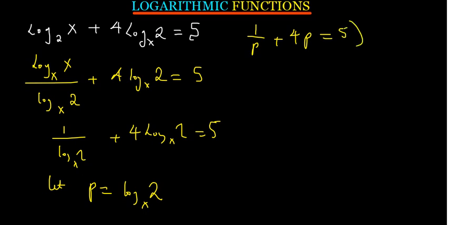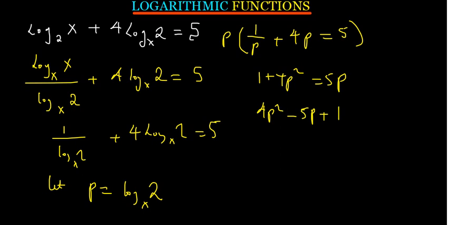To remove the fraction, multiply everything by p, to get 1 plus 4p squared is equal to 5p. Take to the same side: 4p squared minus 5p plus 1 is equal to 0. The product is 4, the sum is negative 5, so the factors should be negative 4p and negative p, plus 1 equal to 0.